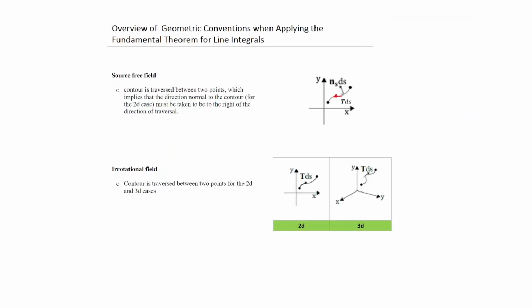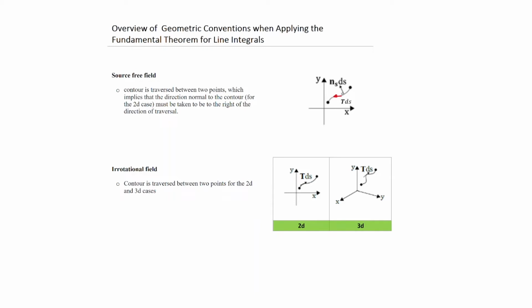So the next thing to do is to consider the overview of the geometric conventions when applying the fundamental theorem for line integrals. As I stated at the beginning of this lecture, you're not responsible for the material, but by putting it in here, I at least introduced you to the theorems that constitute vector calculus.